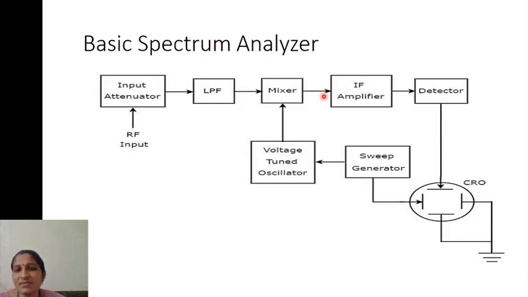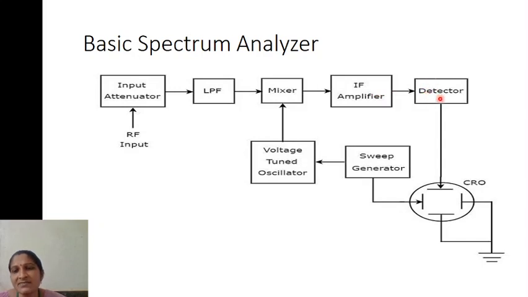That output is called the intermediate frequency, IF. If that intermediate frequency is of low magnitude, that is weak, then the IF amplifier will amplify and strengthen that weak signal, and it is given to the detector.